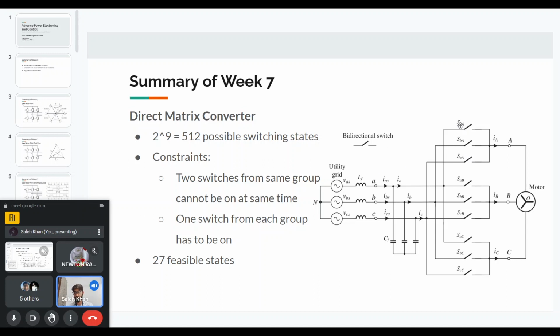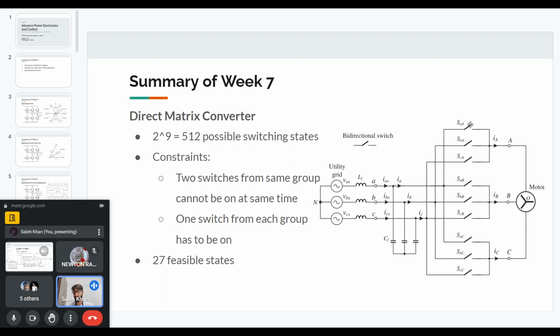For example, if you see the first and second switch, if we turn them both on, that means we are shorting VAB. So the VAB input voltage will get shorted. That means we will draw a huge current from the input, and the devices will get damaged, and so the converter will just get damaged.